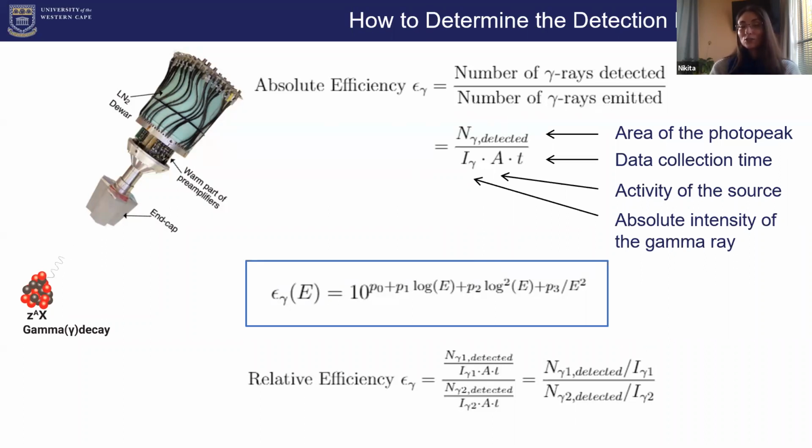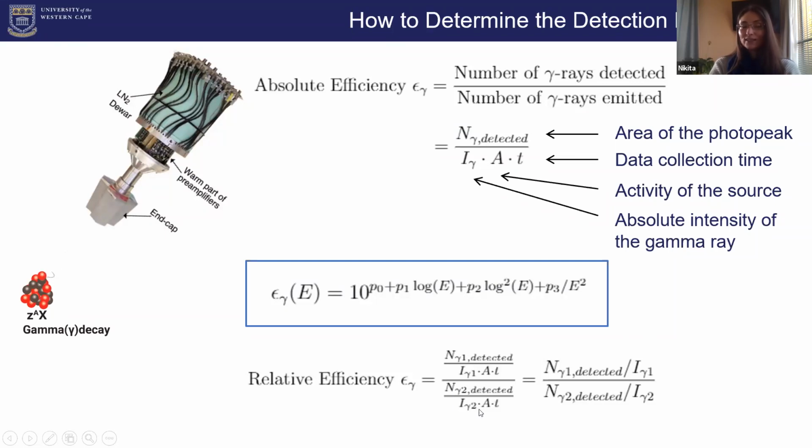So we look at the ratio of efficiencies between the gamma ray that comes from the projectile or the beam and the target. So once we take the ratio of these two, this is the same thing as up here for the gamma ray at energy 1, we have the area of the photopeak divided by the intensity, the activity of the source, and the time.